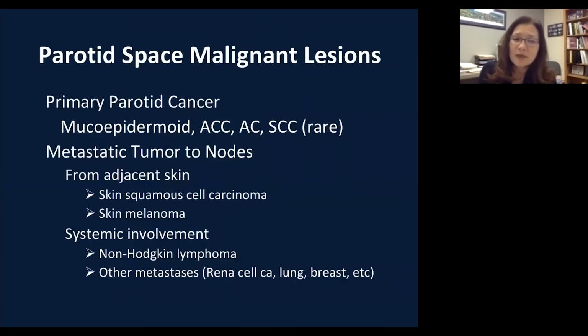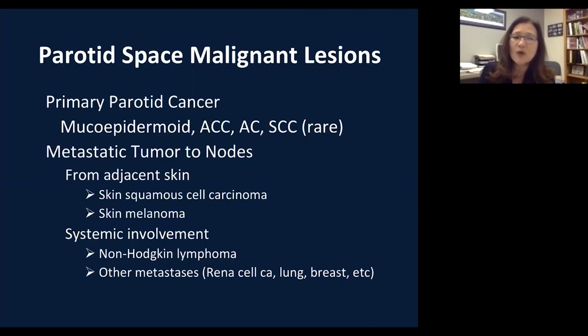So in summary, for parotid space malignant lesions, in terms of primary parotid gland cancer, the three big ones are mucoepidermoid carcinoma, adenoid cystic carcinoma, and adenocarcinoma, but I showed you a rare case of squamous cell carcinoma that has a very bad prognosis.